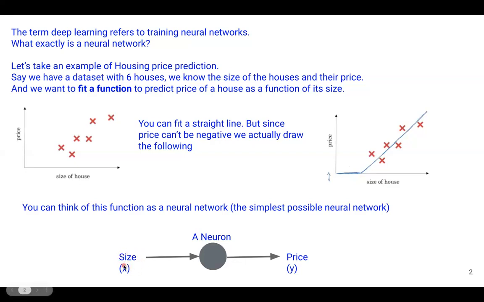Any input is generally termed as X. Then this neuron does this fitting, which is mostly a straight line fit, and then it gives the output, which is the price here. We generally denote the output as Y. This is not a neural network per se, it is just one neuron.